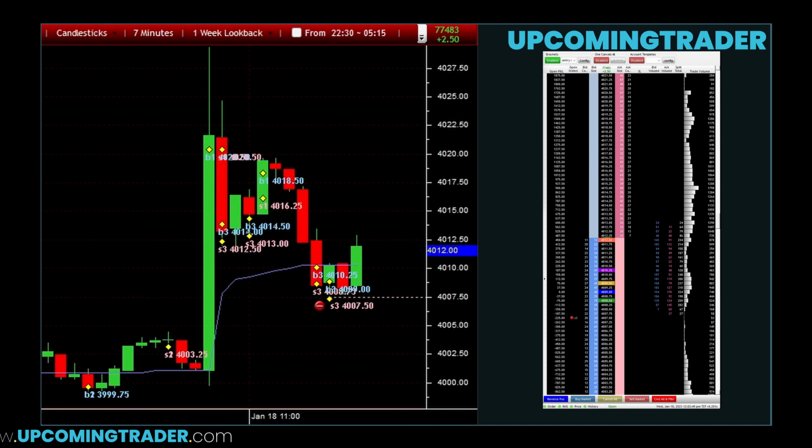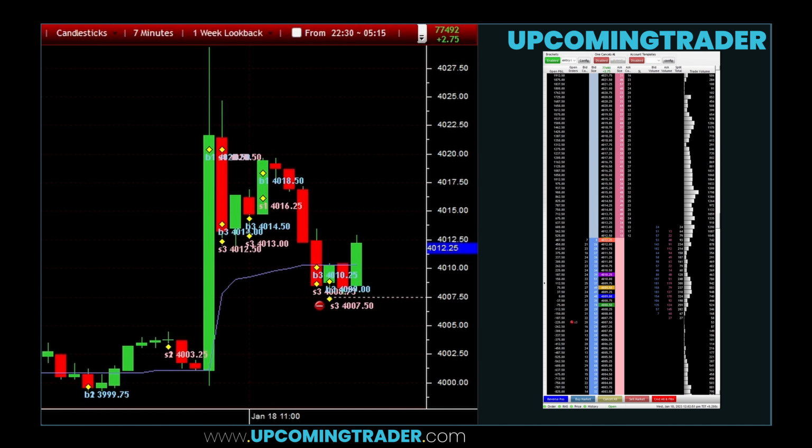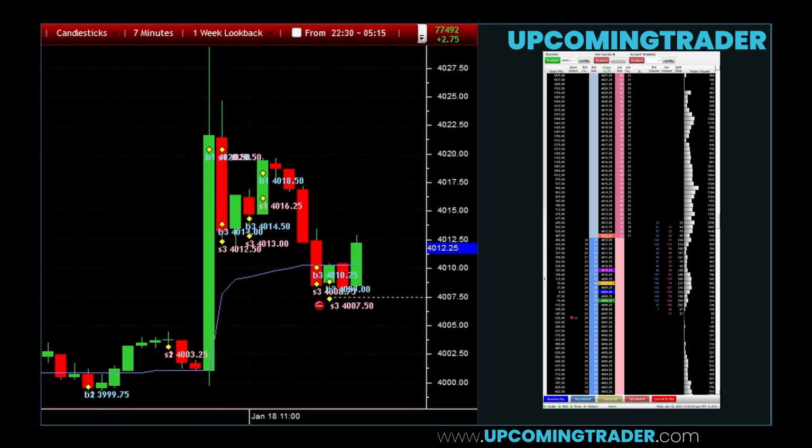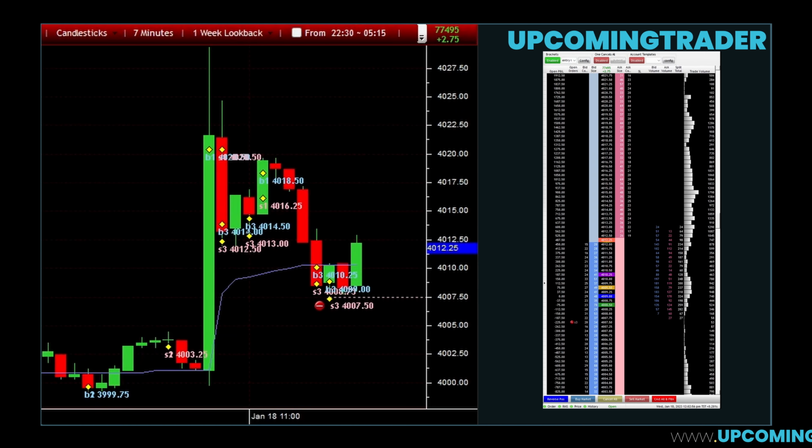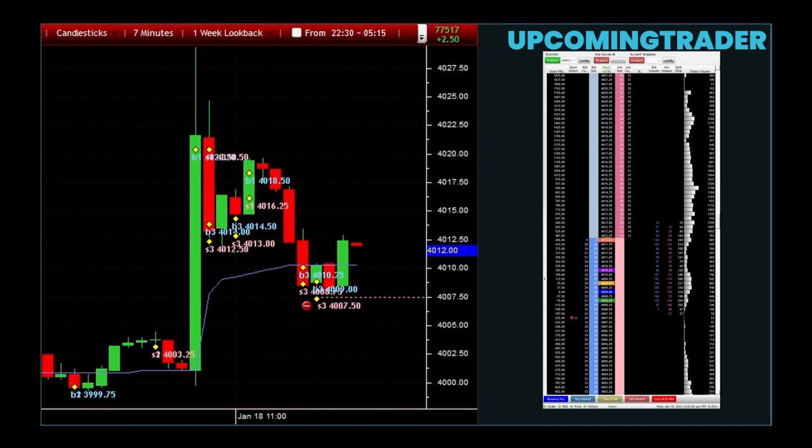Another continuation pattern worth mentioning is the wedge pattern, which can sometimes be considered a continuation pattern depending on the context. A rising wedge can form in an uptrend, indicating that the trend is weakening and may reverse downward. But if it forms in a downtrend, it can be a continuation pattern suggesting further decline.